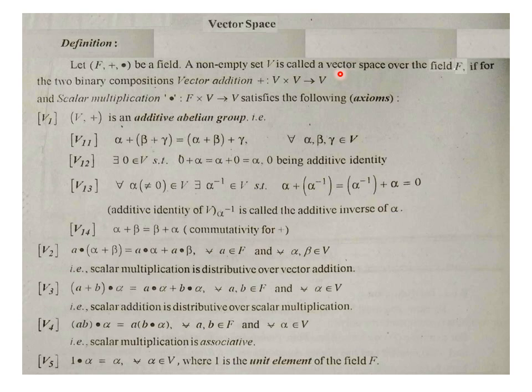That's why the term vector is used here. And that set V, which is non-empty, is called a vector space over field F if, for two certain binary compositions, it further follows all these axioms like we were discussing in the previous slide for field. So here two binary compositions are to be discussed initially, then we will talk about the remaining portion.